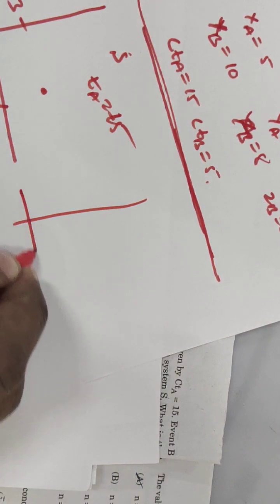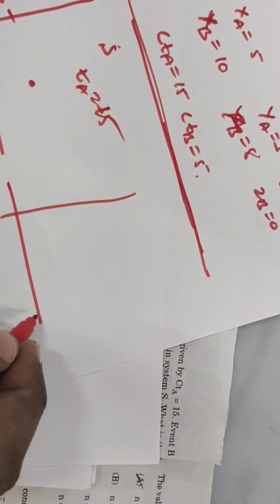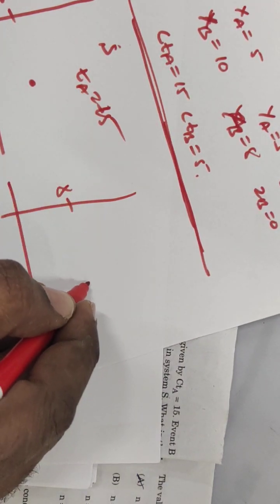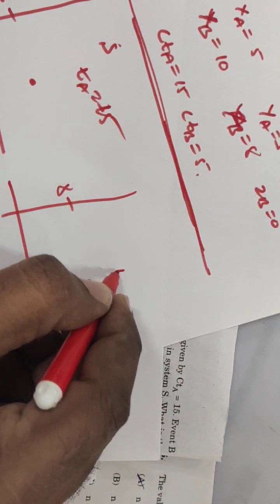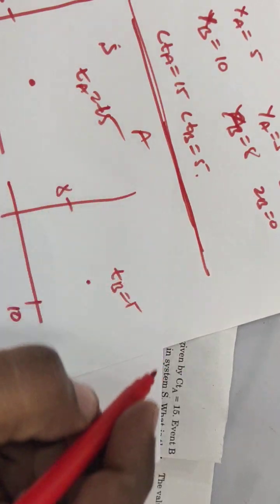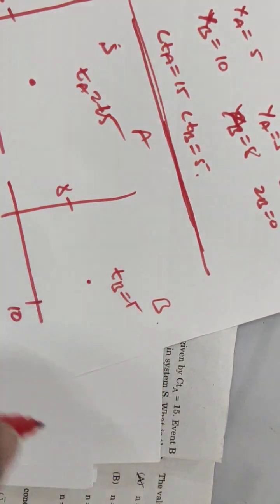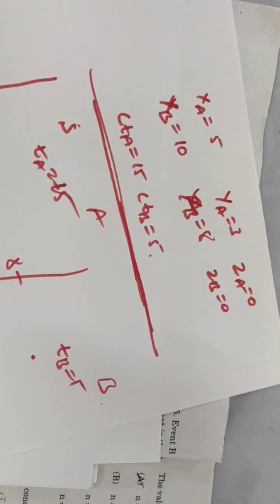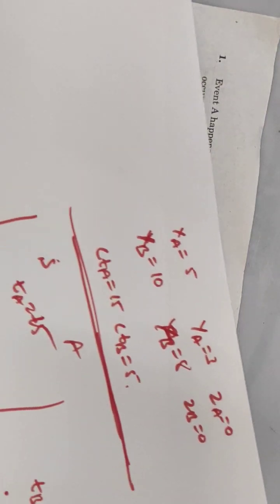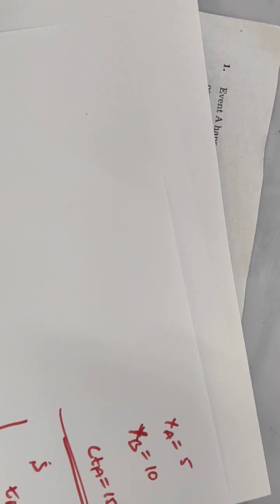After some time interval, the particle is at x is equal to 10 and y is equal to 8, and the time tb is equal to 5. This is event B. Now we are going to find the invariant interval between A and B.